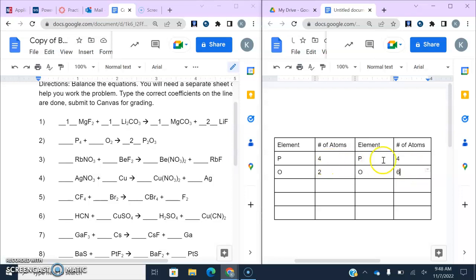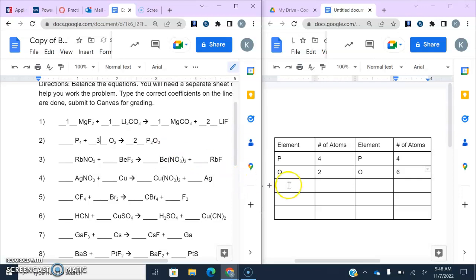So now our phosphorus is balanced, but our oxygen is unbalanced. We have 6 on the right and only 2 on the left. Well, thankfully for us, we can add a coefficient to get this oxygen to 6, right? We need to ask ourselves, what times 2 is 6, or 6 divided by 2 is 3.